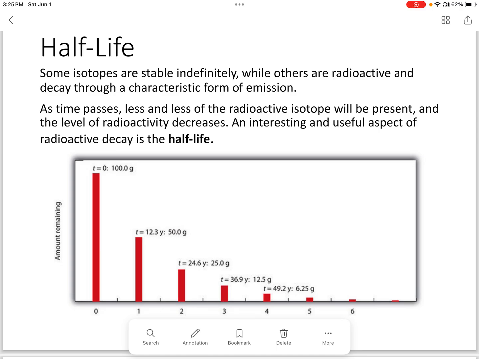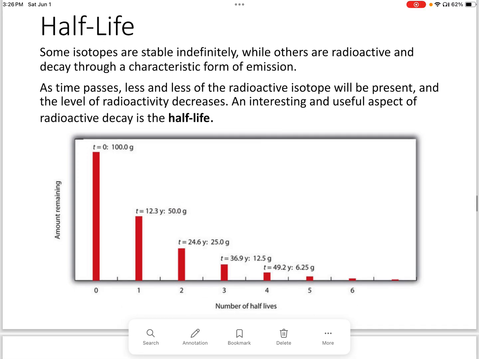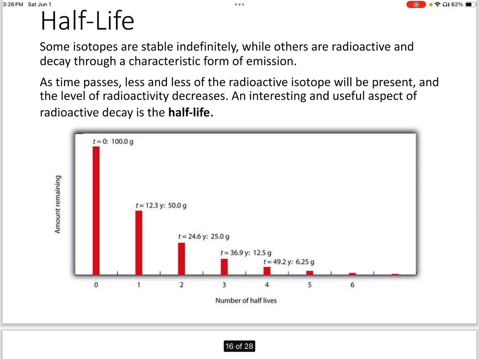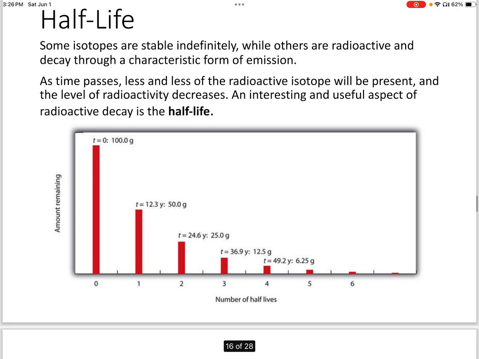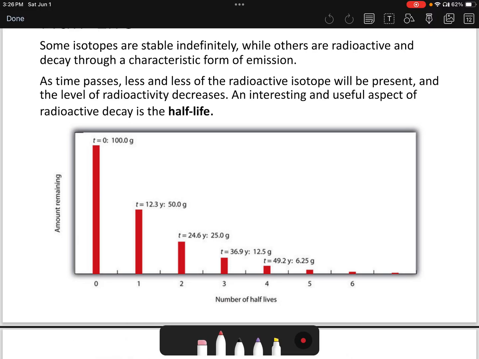Now, an interesting and useful aspect of radioactive decay is what's called the half-life of the radioactive sample. So, for example, let's say we have 100 grams of a radioactive sample.